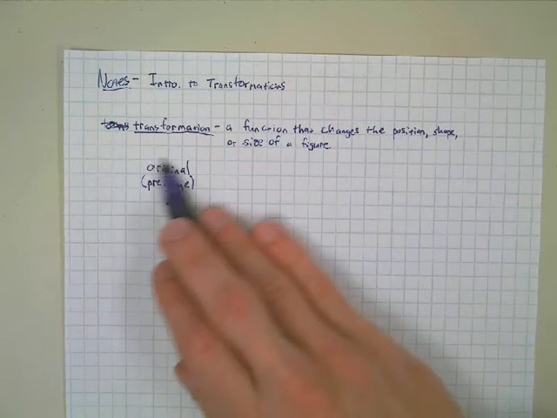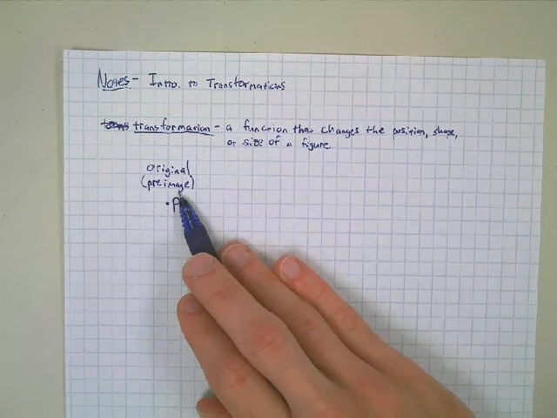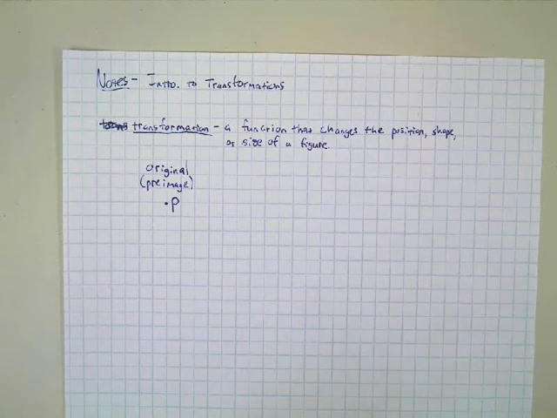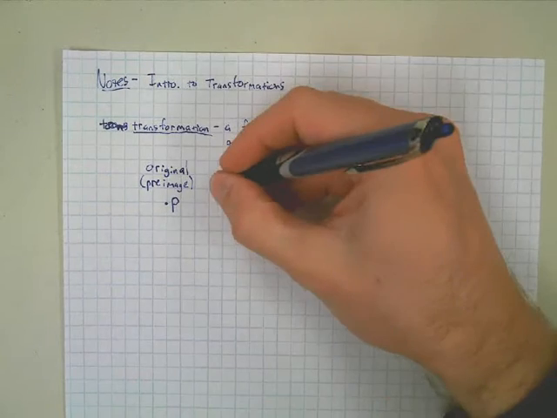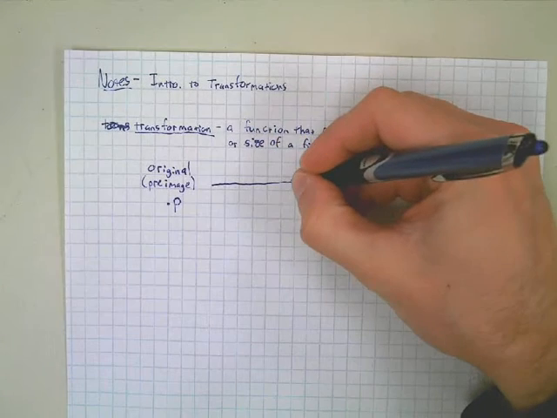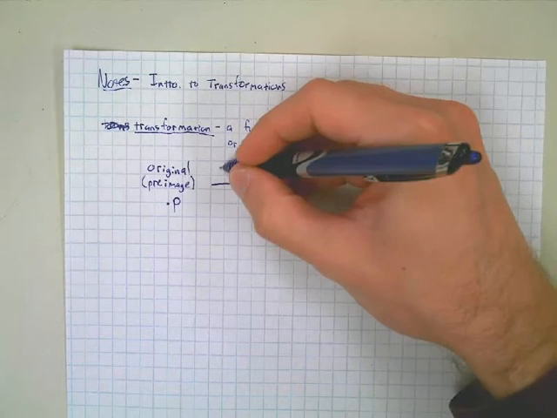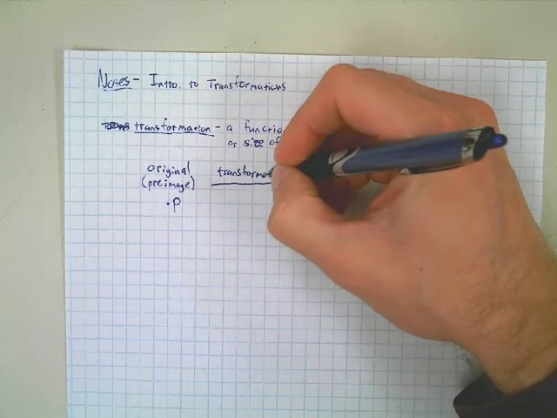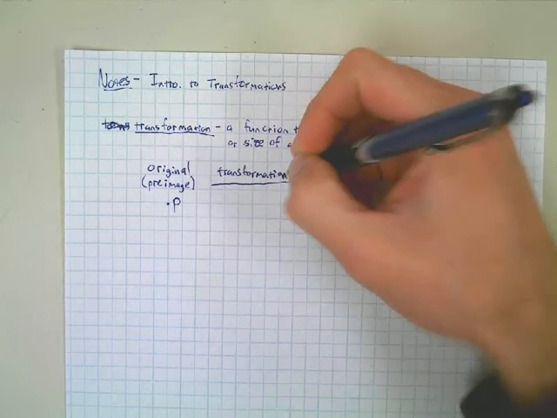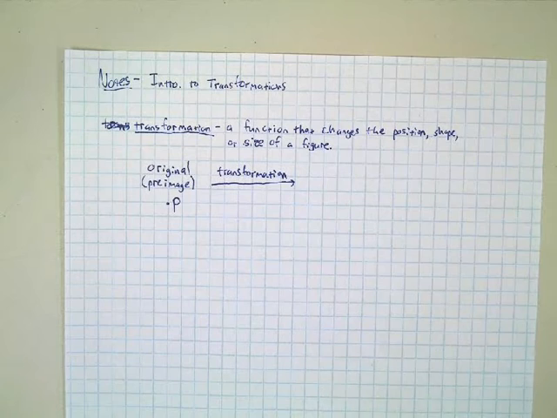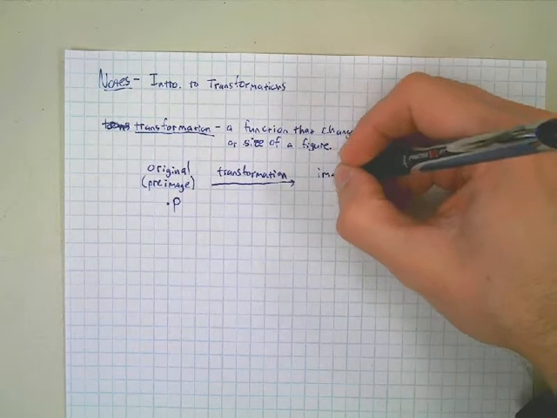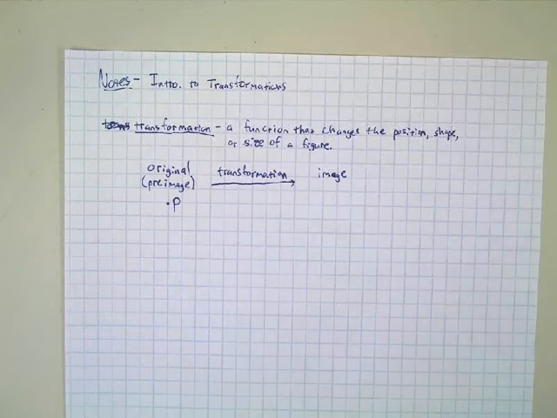Okay? We take that original image, the pre-image, or the original, that point P, or it's made of a bunch of different points or whatever, and then we transform it. And there's some transformation, and we'll normally be given the transformation. Sometimes we'll have to come up with a transformation. So it undergoes a transformation, and then it becomes the image.